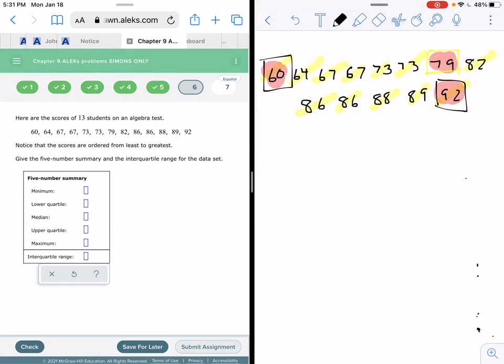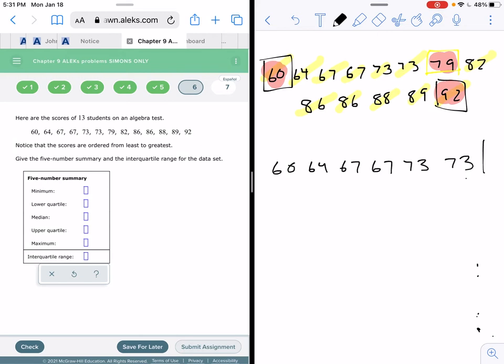The tricky part is when you find your lower quartile and your upper quartile, what you want to do is take the numbers to the left of the median and to the right of the median. So I'm going to take this 60, 64, 67, 67, 73, and 73, and I'm not going to include the median.